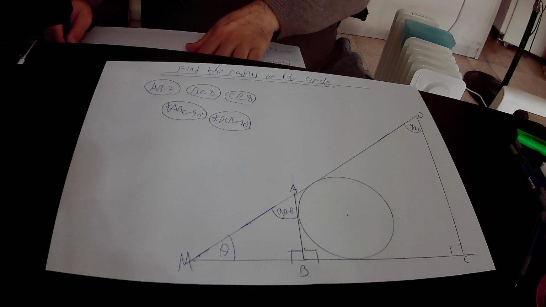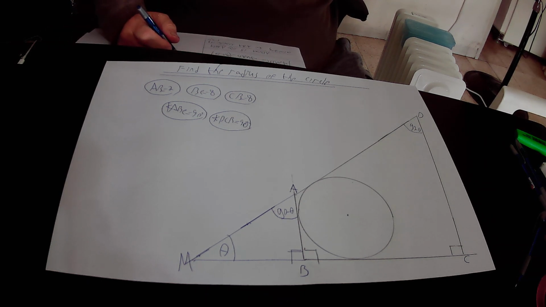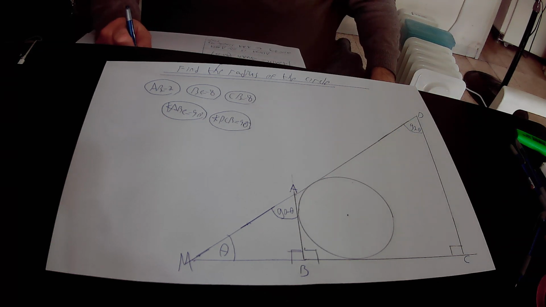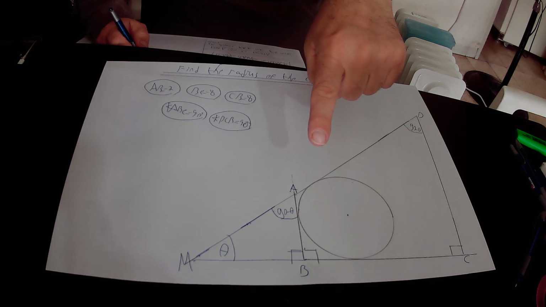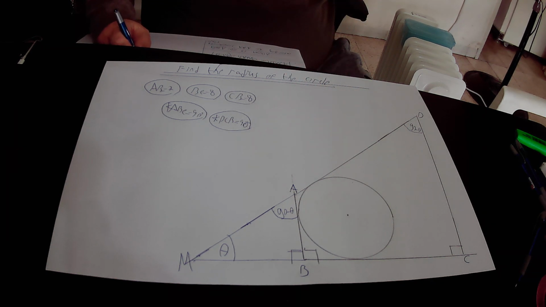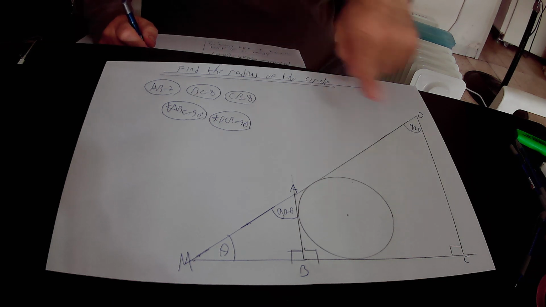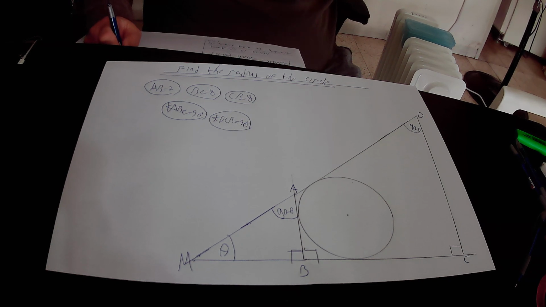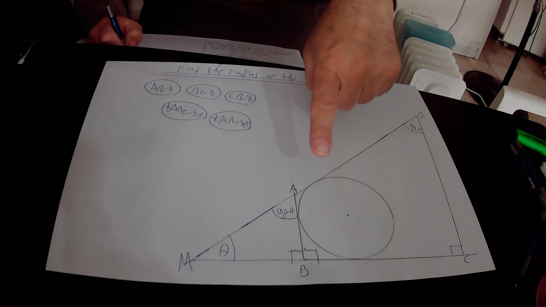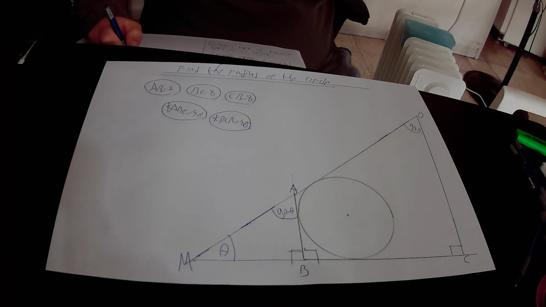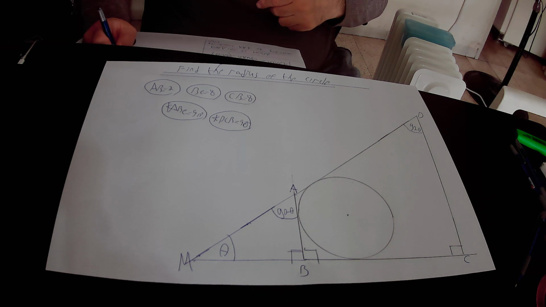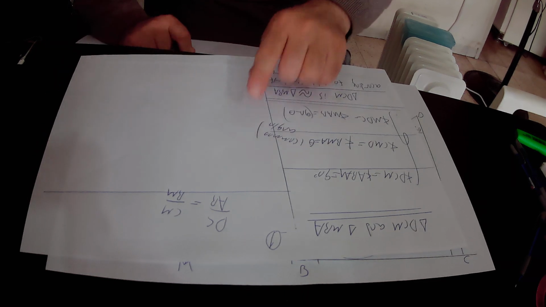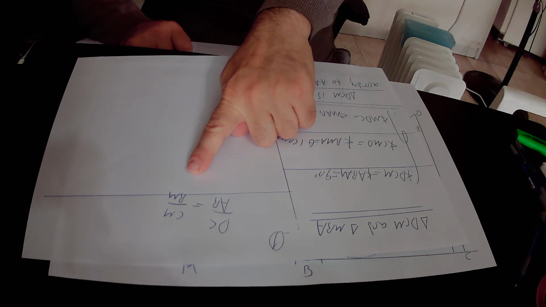We will derive that side DC of the big right triangle DCM over side AB of the small right triangle MBA equals side CM of the big right triangle DCM over side BM of the small right triangle MBA. Repeat again. We derive that DC over AB equals CM over BM.